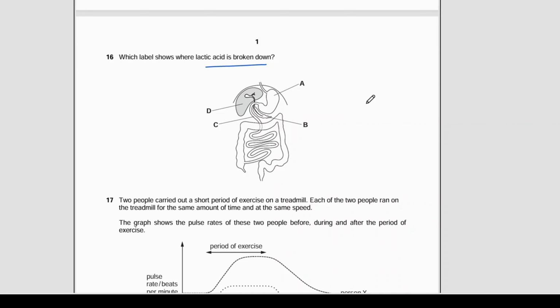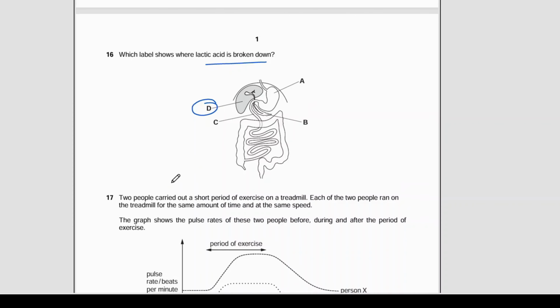Which label shows where lactic acid is broken down in the liver? It is produced in muscles, and then exactly. Okay, and what is this process known as? Oxygen debt.